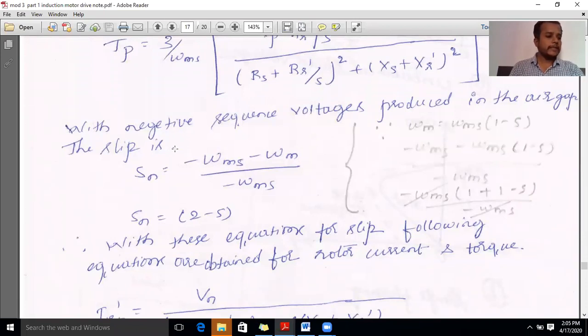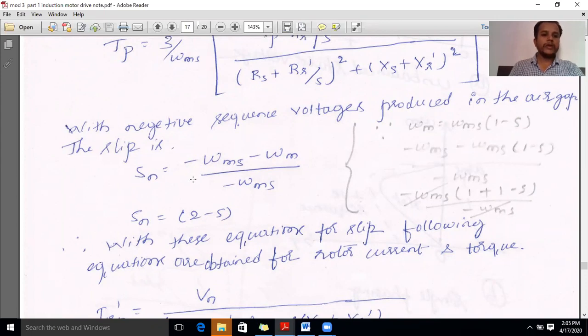In the case of negative sequence component voltages, they rotate in the reverse direction to that of the positive sequence component.